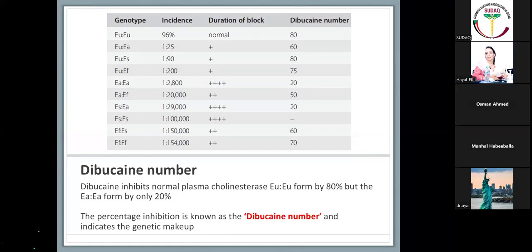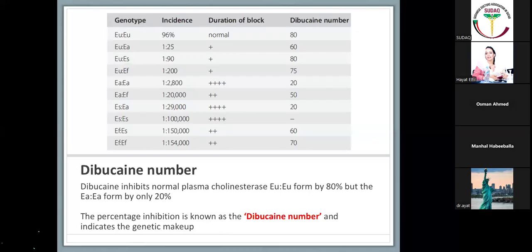It inhibits different combinations in between 20 to 80%. So the dibucaine number indicates the percentage inhibition of the plasma cholinesterase, and that just indicates the genetic makeup of the patient. So you will see the dibucaine number.